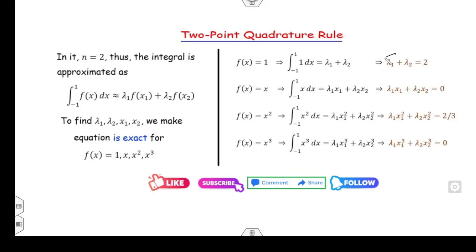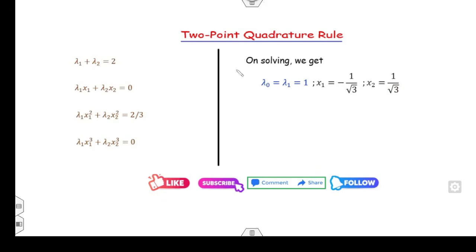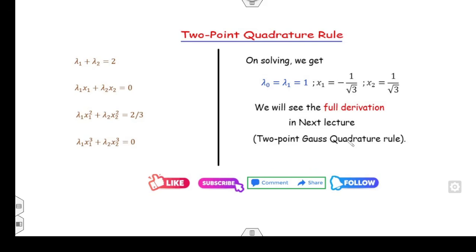Fine. Now you have 4 unknowns and 4 equations. So after solving, you will get the values of lambda 1 and lambda 2 as 1, and you can see the sum of x1 and x2 must be 0. Fine. But the question arises is how we can solve these equations. I will tell you the full derivation in our next lecture, because otherwise this lecture will be very long.